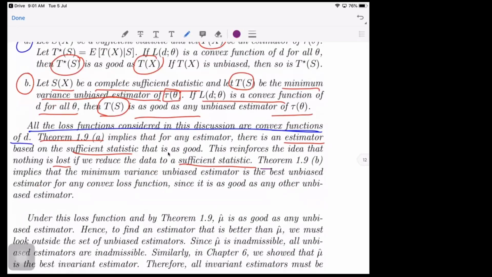It tells you that theorem 1.9b implies that the minimum variance unbiased estimator is the best unbiased estimator for any convex loss function, since it is as good as any other unbiased estimator. So, meaning, y bar is an unbiased MVUE for a given loss function, and any function of your y bar is also unbiased and has the same properties as your y bar.